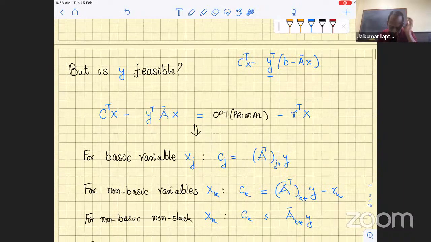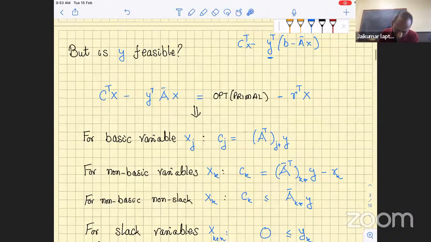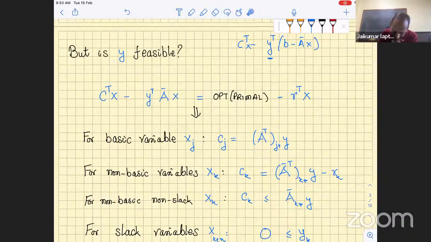That's why I think everything is going wrong, and all my inequalities are also off. Okay, so let us just check. So what happens is that, no, sorry, we added this.